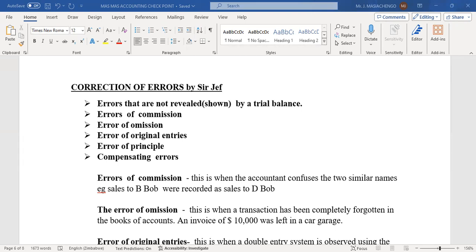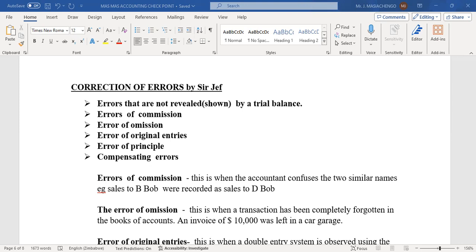If your notes and knowledge on double entry are not accurate, you will find a lot of challenges in getting the correct answers, because this is a follow-up on double entry. So please, I advise you to revisit your double entry before you attempt some of these questions.